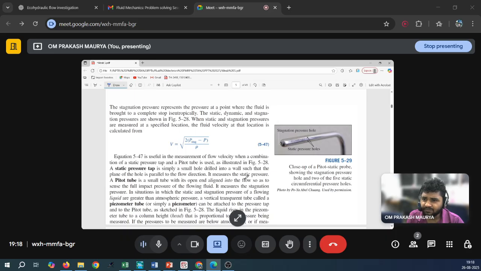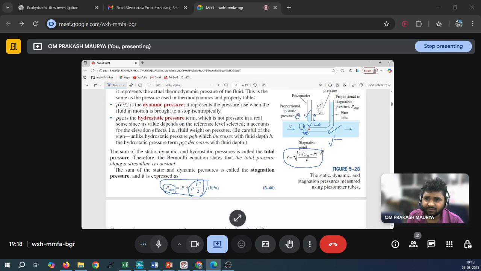Here you can see the stagnation pressure hole, this one, and the static pressure hole, this one. This is the pitot static probe. This is the static, dynamic and stagnation pressure measurement using the piezometer tube.